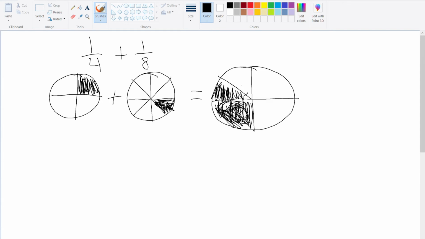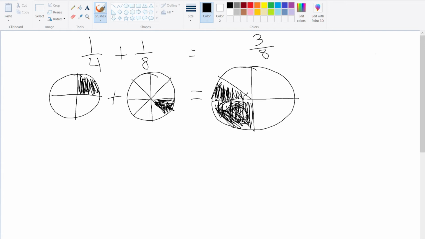And so, if we go back to the initial pizza, we know that this was 2 slices, and this is 3 slices. And it was out of a total of 8 slices. So we know that this is 3 out of 8. But how does 1/4 and 1/8 get you to 3/8?